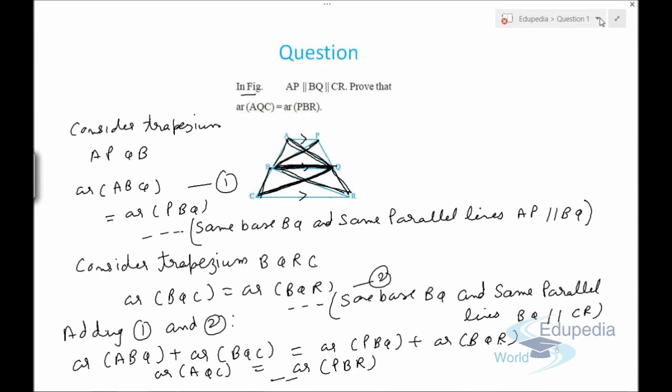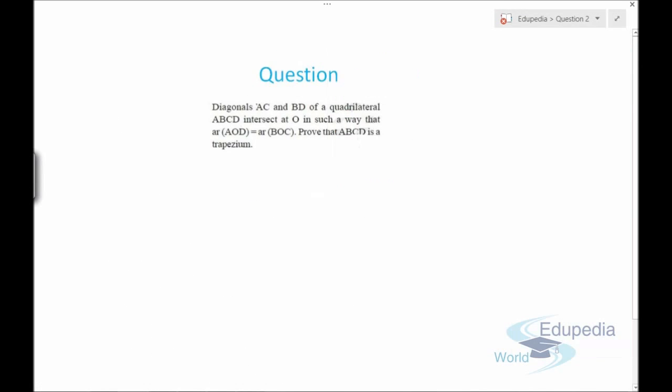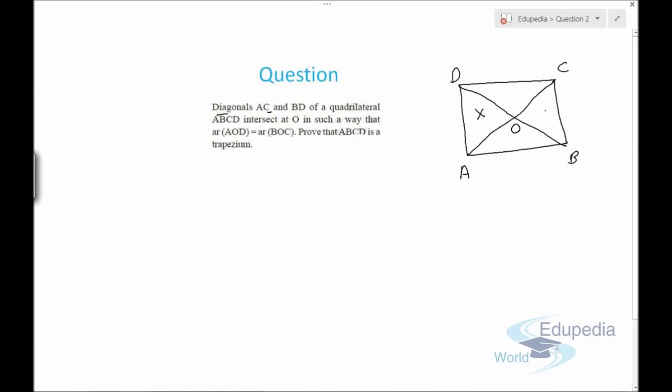So this is how we can prove these types of questions. Let's discuss question number 2 of this video. The question says that diagonals AC and BD of a quadrilateral intersect at O. First we need to draw a quadrilateral ABCD, like this, and the diagonals AC and BD intersect at O in such a way that area of AOD equals area of BOC.